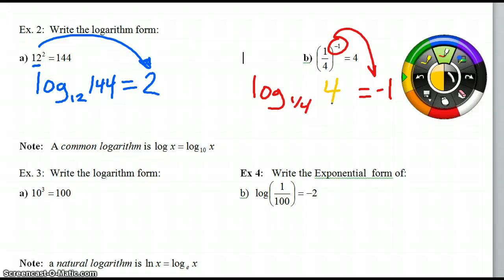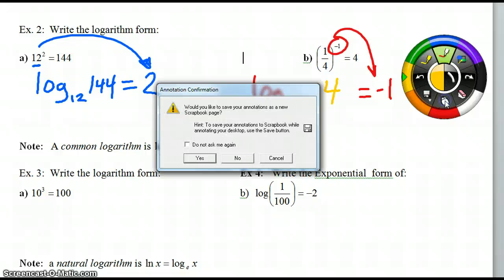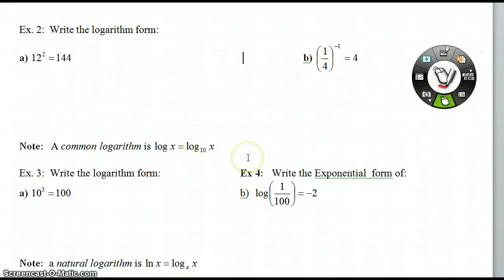I'll give you some examples of what's called common and natural log. Common logs are used a lot in science. So we have a special notation for common logs, because sometimes in math we don't like to write out everything.